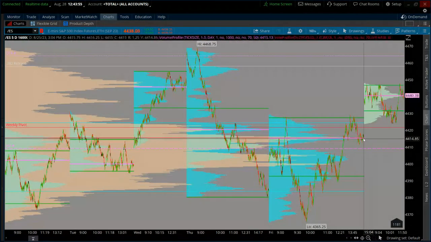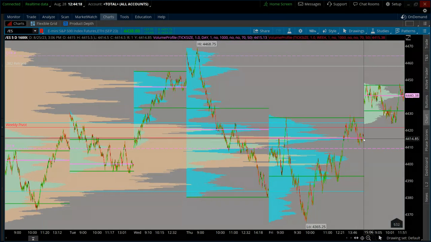So what that means is, since I'm choosing to look at this in volume terms, that's where the most volume was transacted. Had I put this on a market profile, then that would mean that's where the market spent the most time trading on a TPO, time price opportunity, with a series of letters ABC throughout on 30-minute brackets. You'd be looking at, well, that's where the market spent the most time trading.